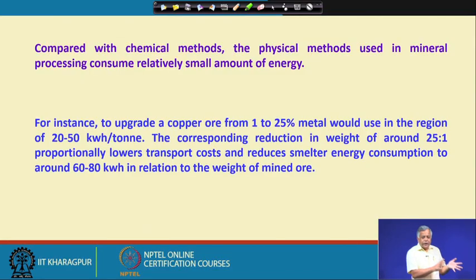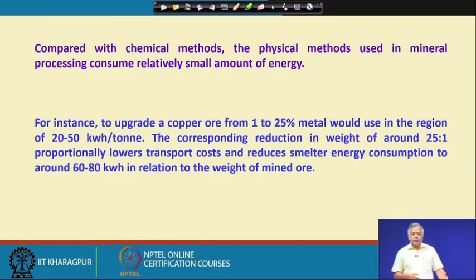So, how much material will we be reducing for transportation purposes? The corresponding reduction in weight could be around 25:1. So, that will reduce the transportation cost as well as reduce the smelter energy consumption to around 60 to 80 kilowatt hour in relation to the weight of mined ore.